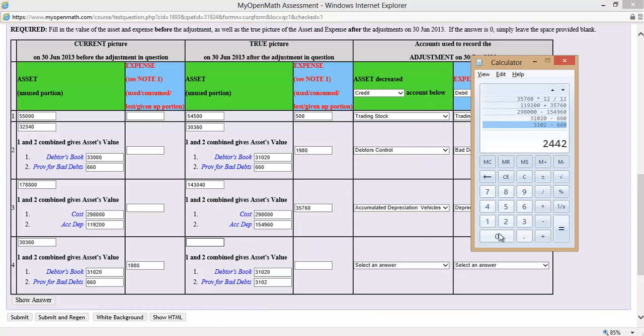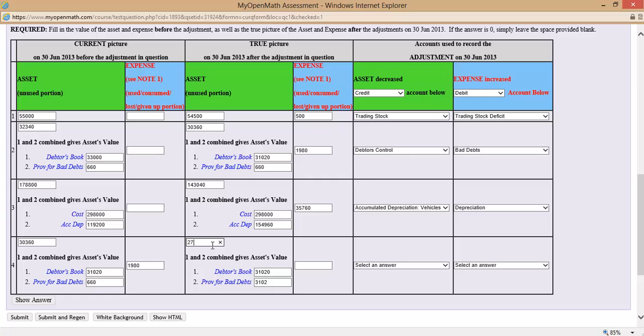So that's going to be 31,020 minus the 3102, which is 27,918. And then the last tricky part here is to calculate what my new expense figure is.